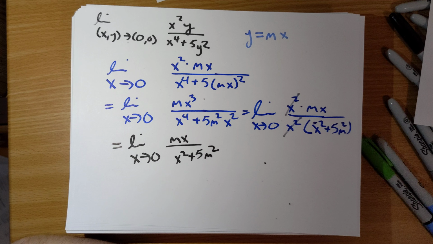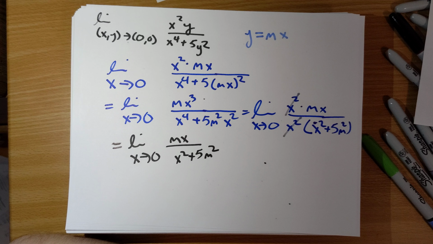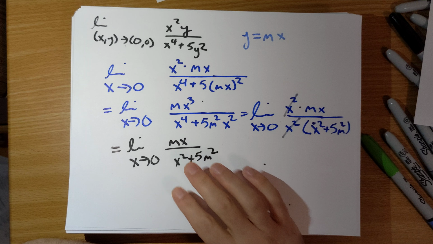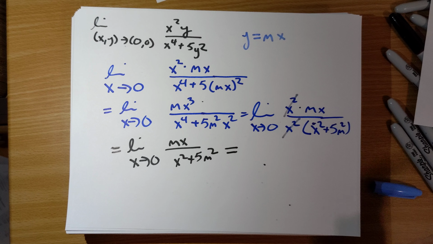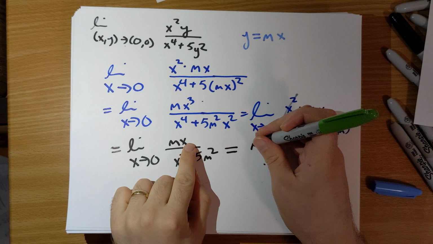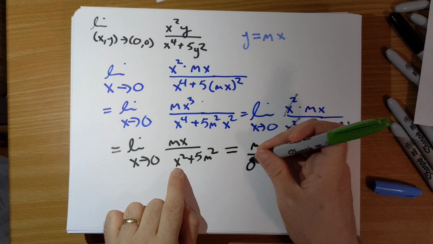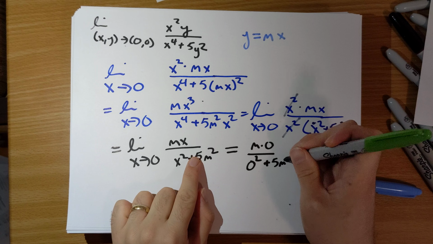Okay, so remember we were told that m is a non-zero constant here. The limit of this as x goes to 0, we can evaluate just by substitution. It's going to be m times 0 over 0 squared plus 5m squared.